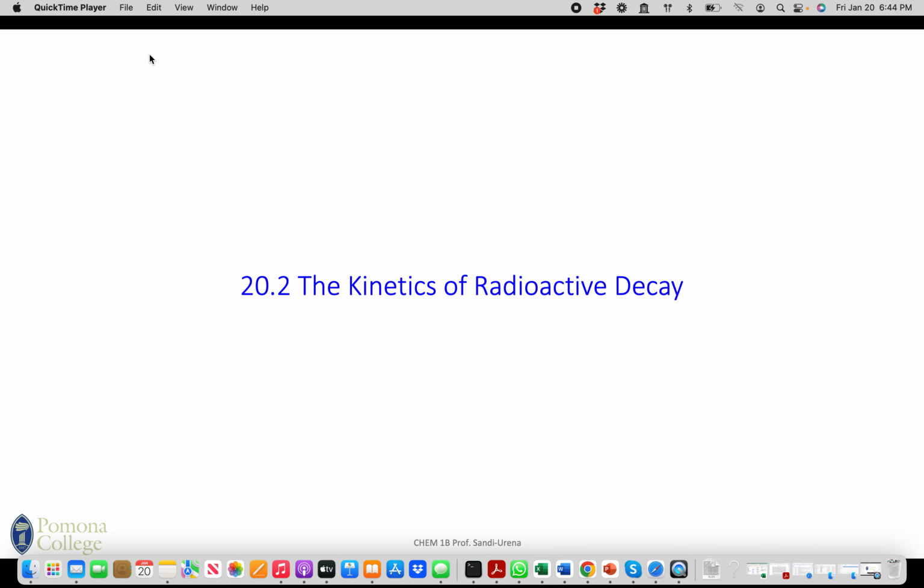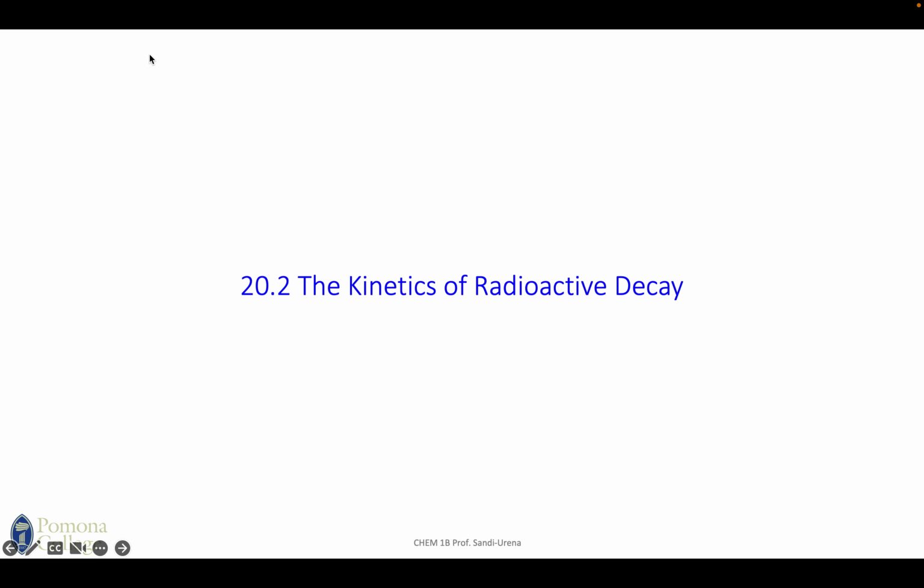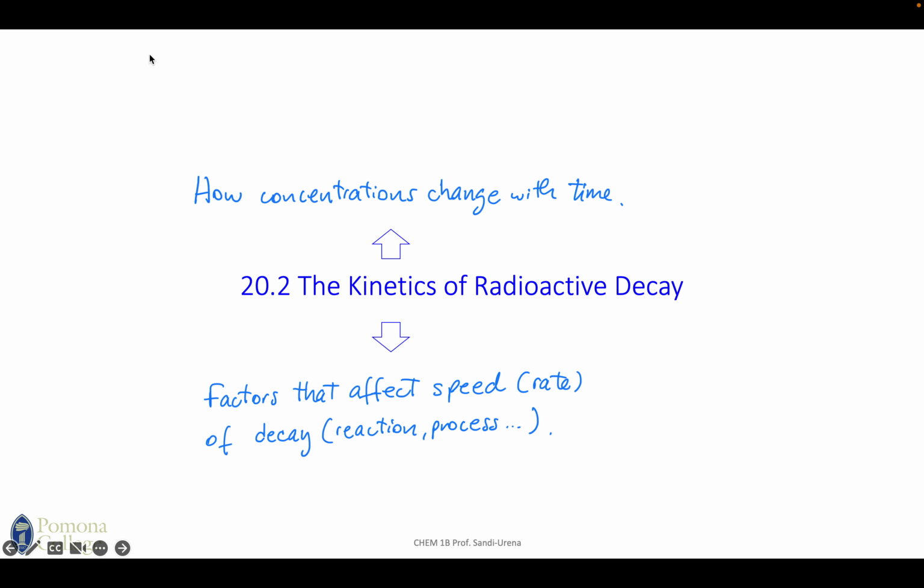About kinetics of radioactive decay. The kinetics would refer to how fast reactions happen, or any chemical process. In our case, when we talk about velocity of a chemical reaction, we call it the rate of reaction.